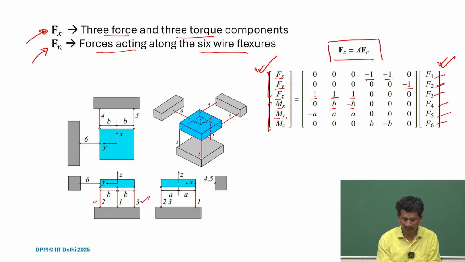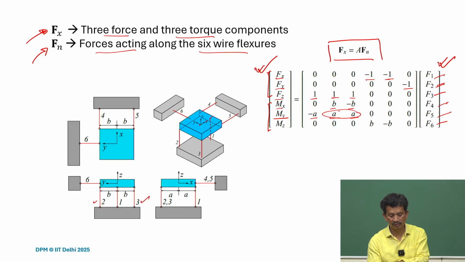So similarly we can take My. For My it is 1 and 2, 3. One is getting compressive load, then the other two are getting tensile load. So it's shared. For Mz it is the 4 and 5. So 4 and 5 you can see, and the offset is b and minus b.